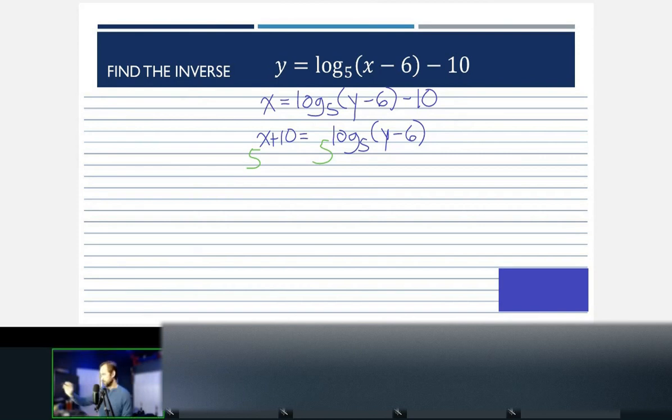So that means that 5 raised to the log base 5, those cancel out, and then the y minus 6 carries down. All right, now what? Now we add 6. Yep.